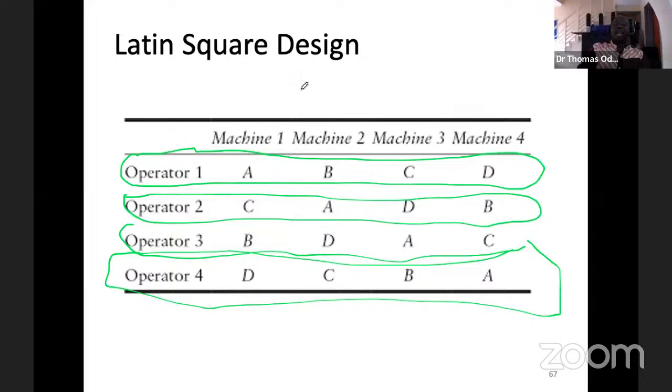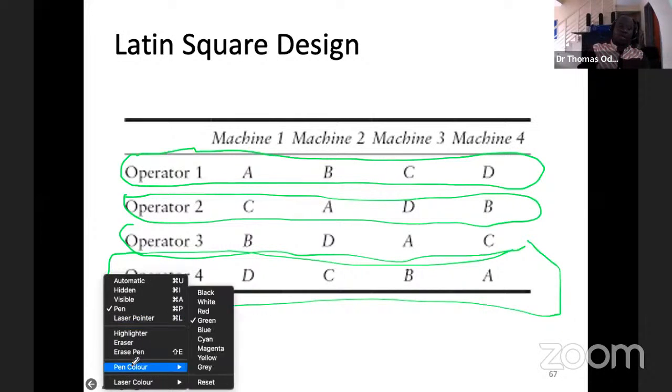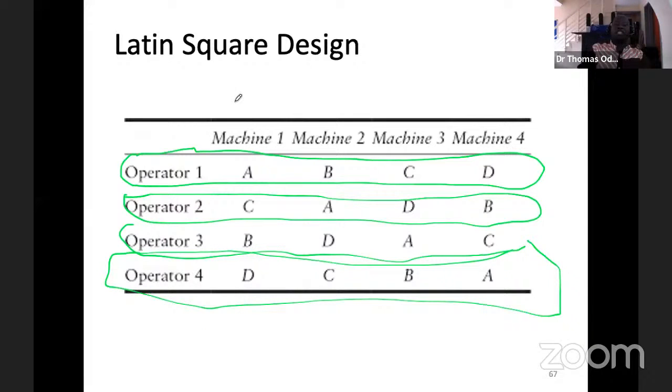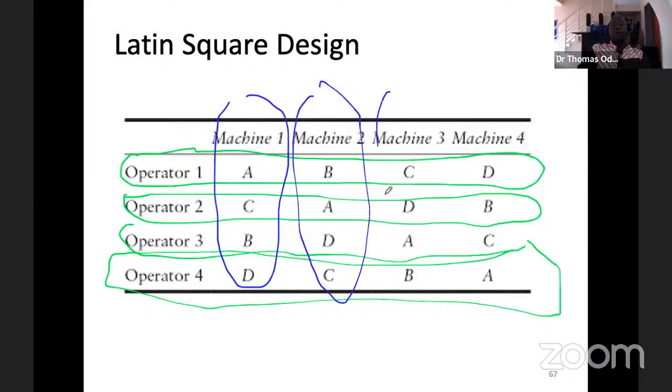Now we also have different machines. Let me change the color. If we look at machine, we can also block with the machine. So machine 1, machine 2, machine 3, machine 4.